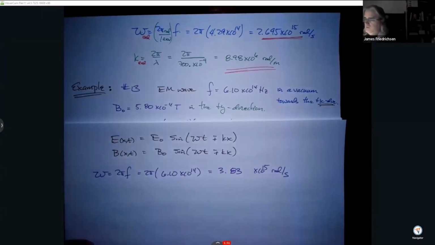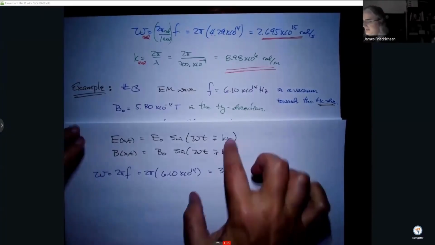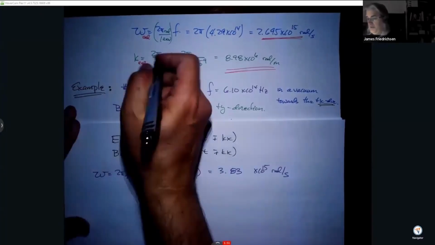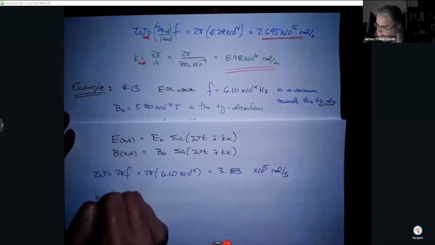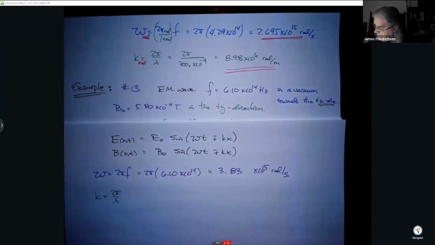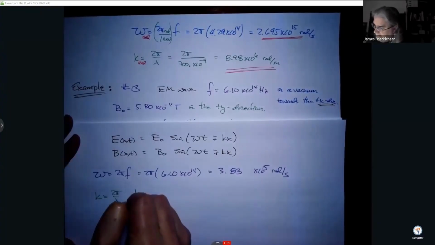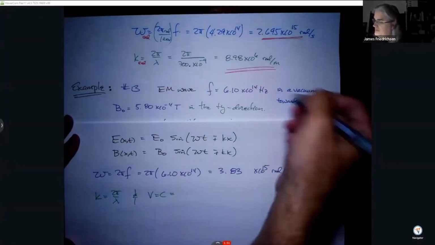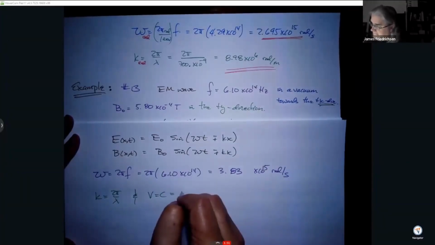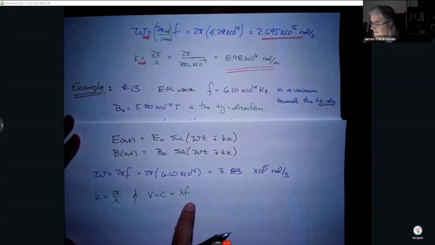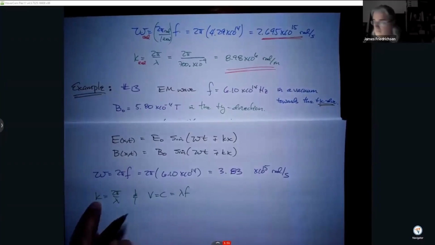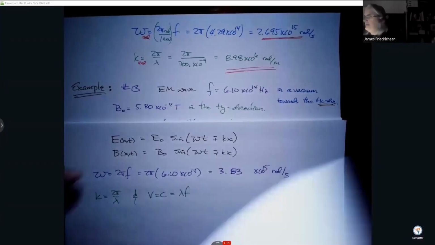Now we have options to get the K. We know that K is 2 pi over lambda, okay? And we know that the wave speed, which is C because it said it was in a vacuum, is lambda F. And we got the F, we know C, we could get lambda, put the lambda here and get K. But I want to use the other formula.